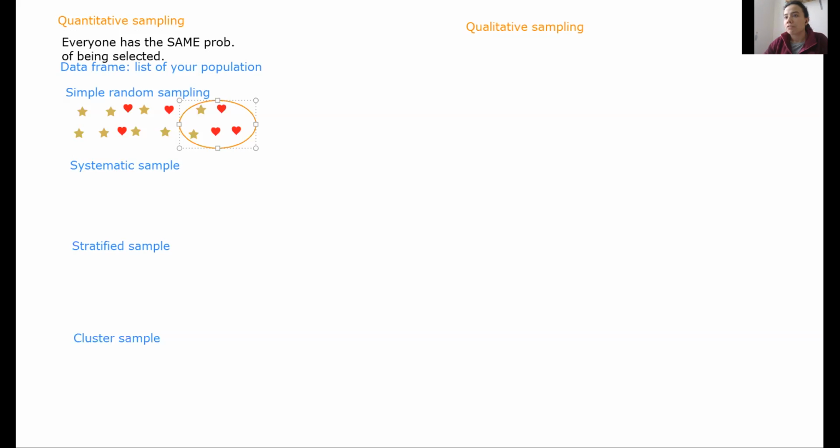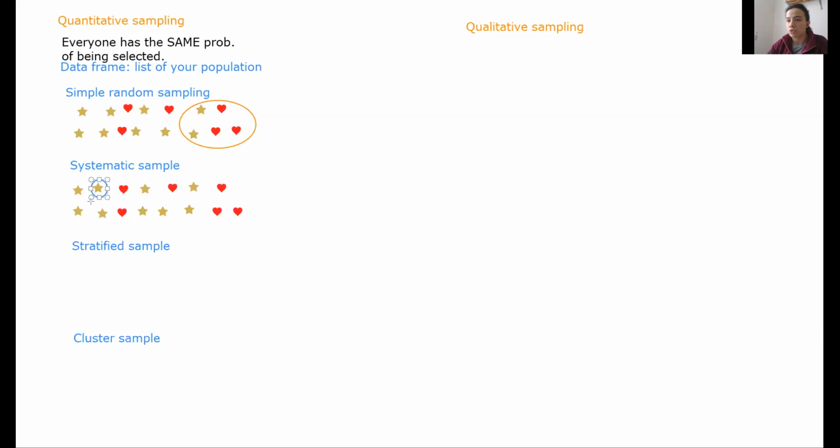Then you can have a systematic sample, which is basically, again, assuming that you have a list of everybody in your population, and this population is pretty similar to the one that we have above. The way that systematic sampling works is that you start at a given point, and then you skip a certain number until you fill your sample, right?